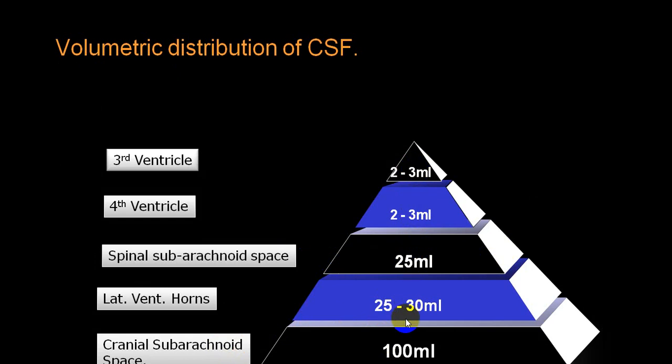The main volume is in the cranial subarachnoid space, the lateral ventricle contains only this much, and the spinal subarachnoid space is only 25 ml. So indirectly the major fluid is in the subarachnoid space surrounding the cerebral hemisphere.